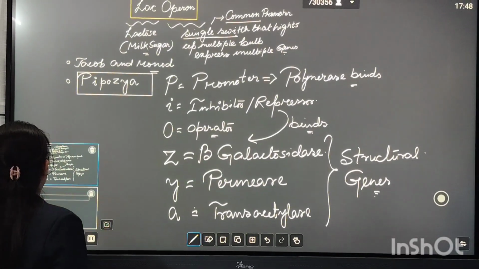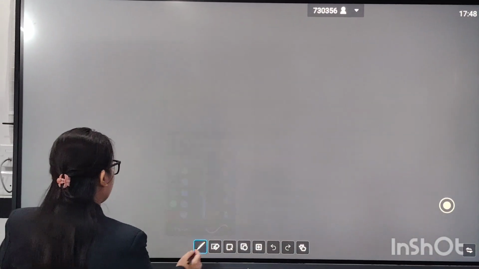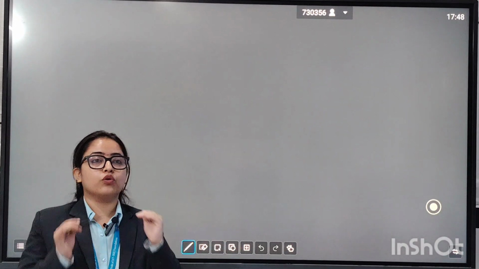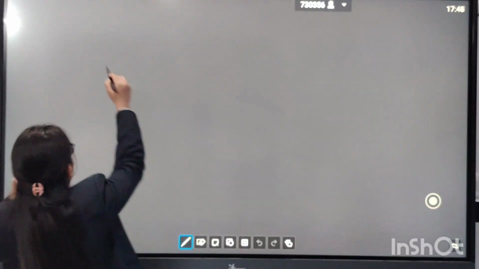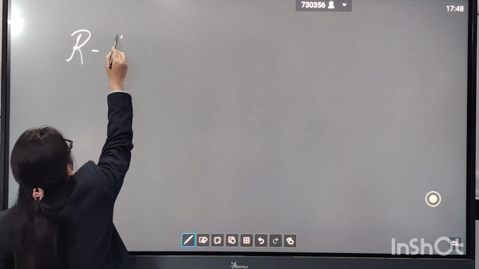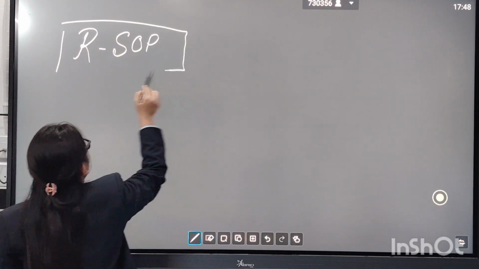Now we can understand this lac operon, or we can remember it, through another mnemonic, that is ARSO. What does this ARSO mean?